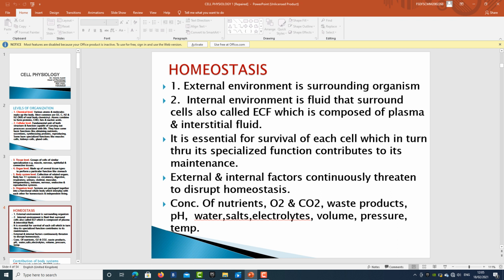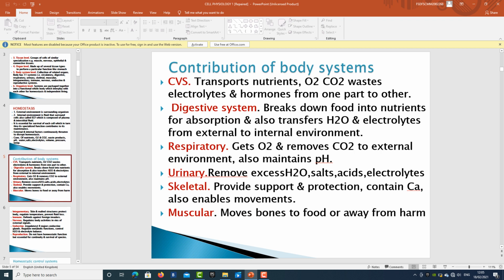In addition to them, the other factors are there too. But just for example's sake, I'm telling you that if these are altered, there is alteration in the homeostasis. And if there is alteration in the homeostasis, it can lead to a disease. The normal homeostasis leads to a healthy body. If it is disrupted, God forbid, then it can lead to the disease of that particular person.